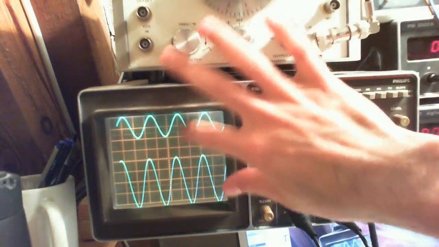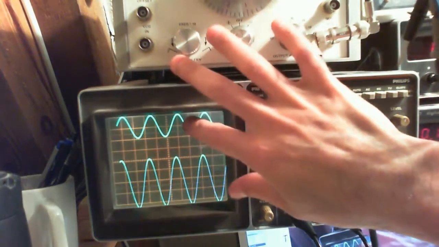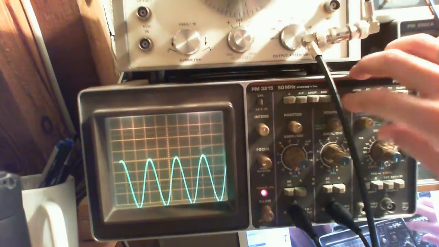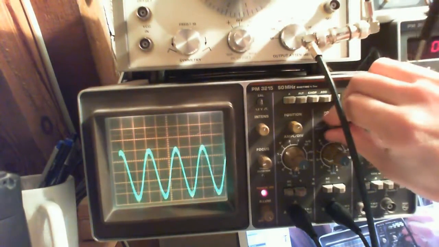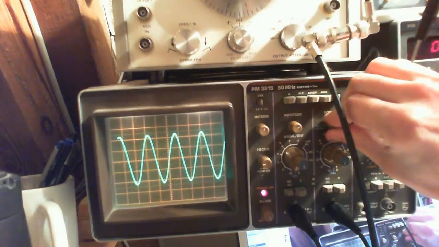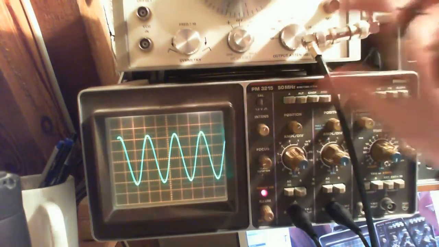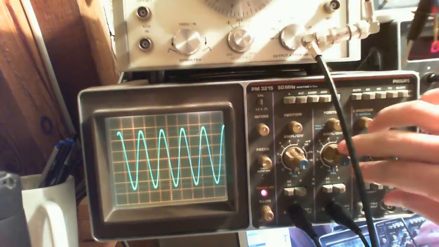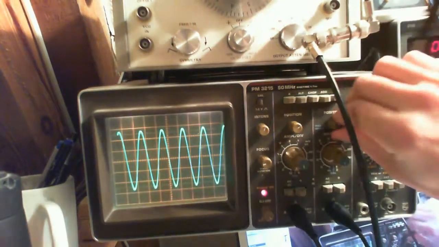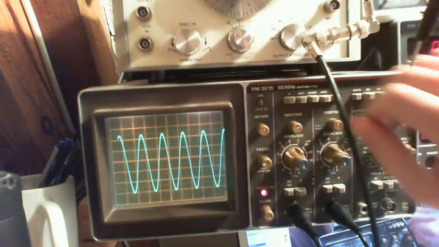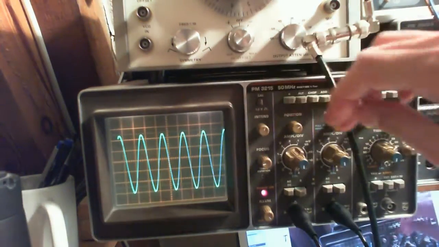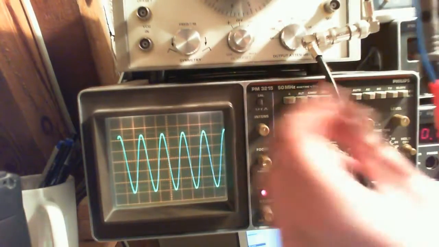And as you can see, my input is not changing at all, so I'm going to just look at channel B and put it up here for now, and you can see that as I increase, the output is changing, and now I'm at 1, 2, 3, 4, 5 times 2 equal to around 10 volts peak to peak.